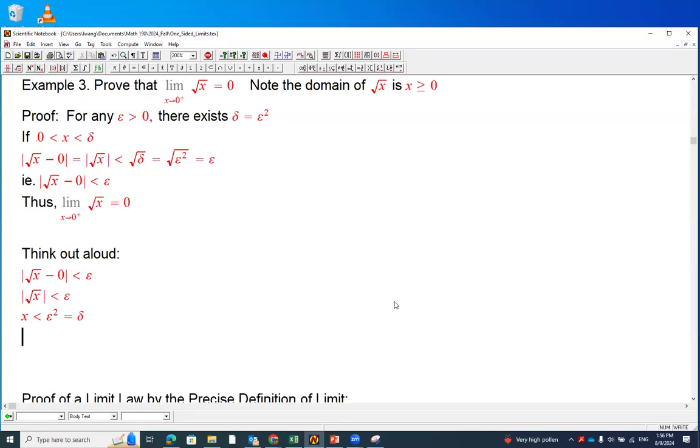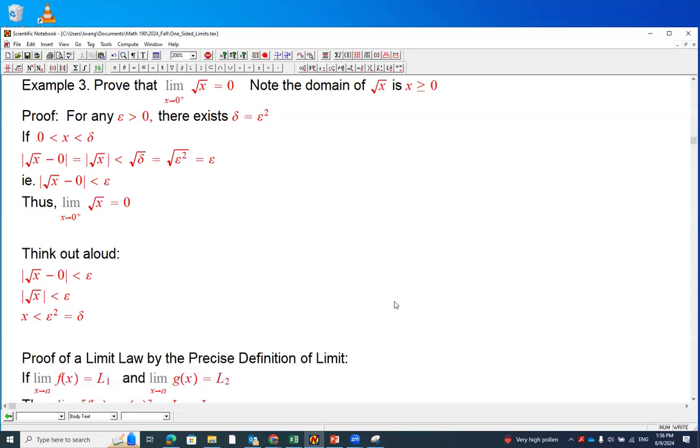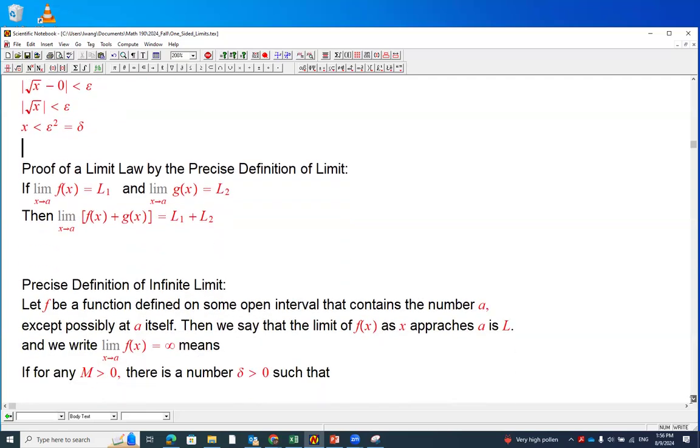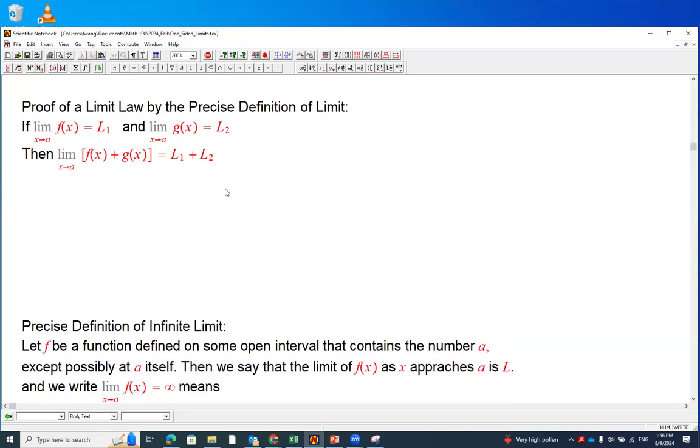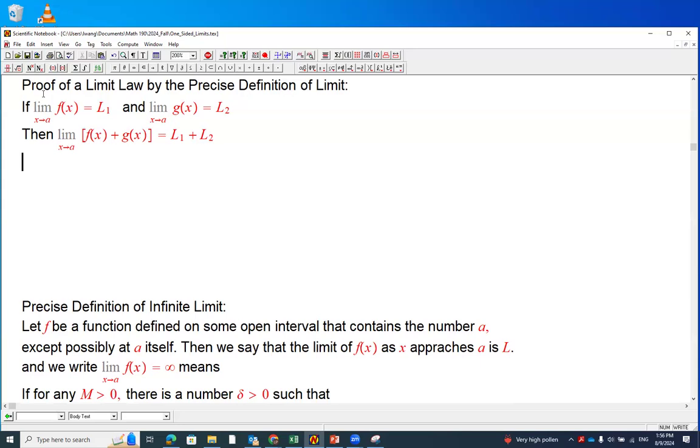Okay, so next, we have introduced the precise definition of limit, but we also know there are some limit laws. How many limit laws do we have? Adding, subtracting, multiplying, dividing. We're not going to do all of them because that's going to make this too long. Hopefully, we're going to show one, and you can work on the others: to prove the limit law by the precise definition of limit.